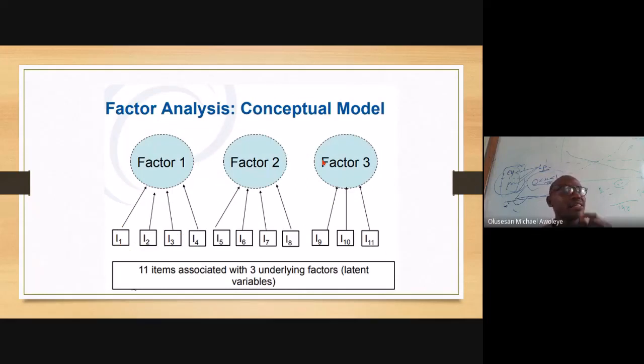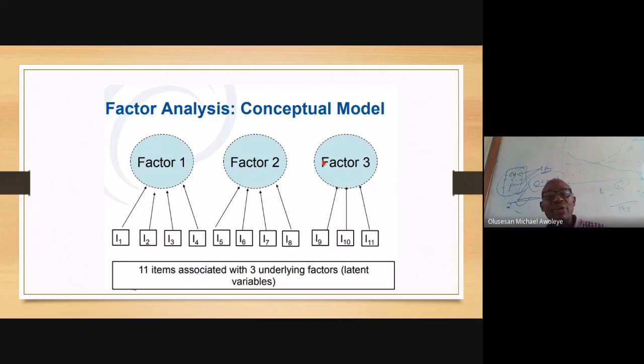So this is an example of a conceptual framework from your research. You are saying that there are 11 items here, and factor analysis has been used at the end of the day to compress them to how many? To 3. Meaning that the first 4 items, L1, L2, L3, L4, have been grouped as one, and that is named factor 1.